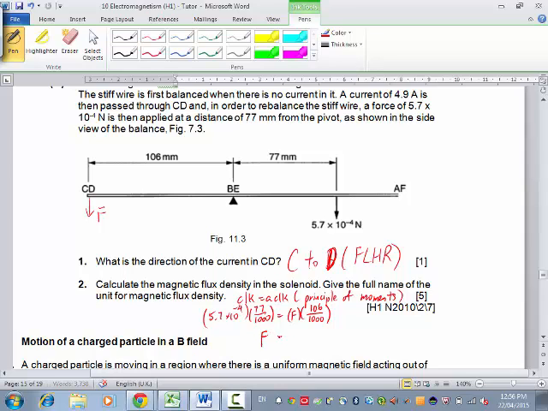So you can work out the F first from here.